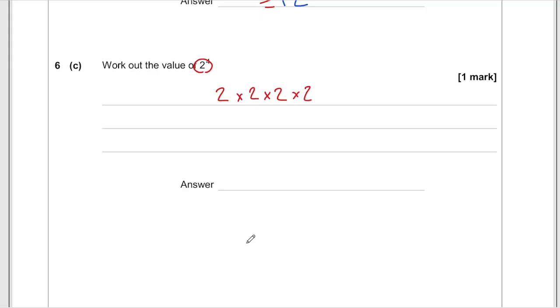For some reason they'll multiply that 4 times after they've done the first one. So 2 times 2 is 4, 4 times 2 is 8, 8 times 2 is 16, 16 is my answer. Some people will do 4 calculations or get 4 answers and put 32 down there. 16 is the answer for that question.